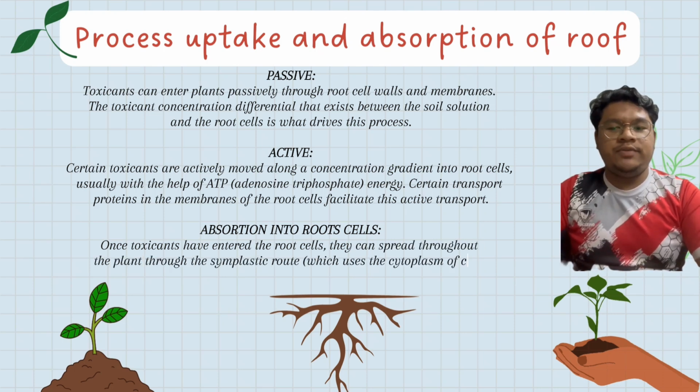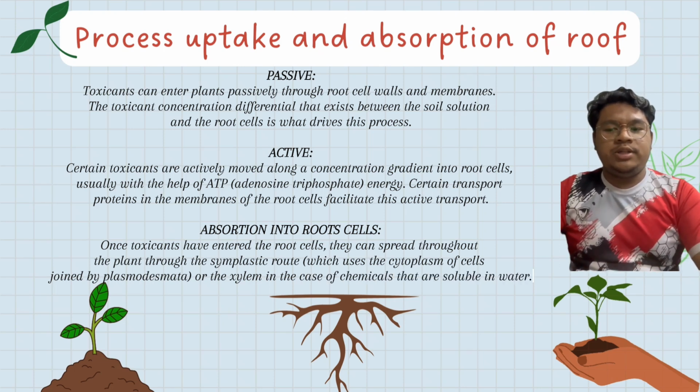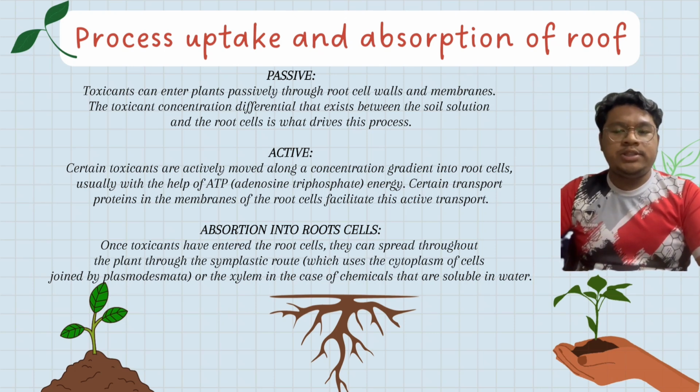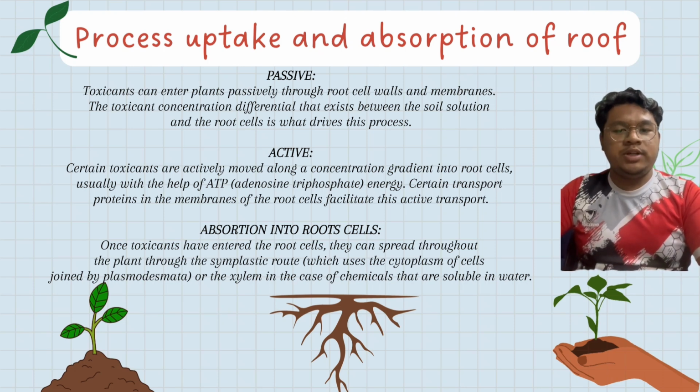Certain toxicants can actively move against a concentration gradient into root cells, usually with the help of ATP energy. Certain transport proteins in the membranes of the root cell facilitate this active transport. Absorption into root cell. Once toxicants have entered the root cell, they can spread throughout the plant through the symplastic route, which uses the cytoplasm of cells joined by plasmodesmata, or the xylem in the case of chemicals that are soluble in water.